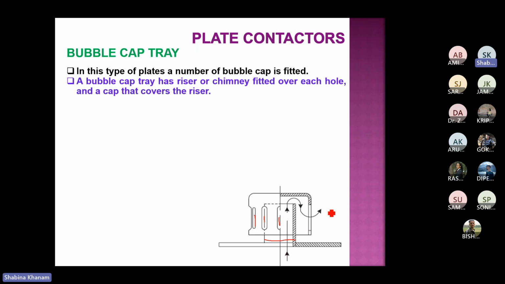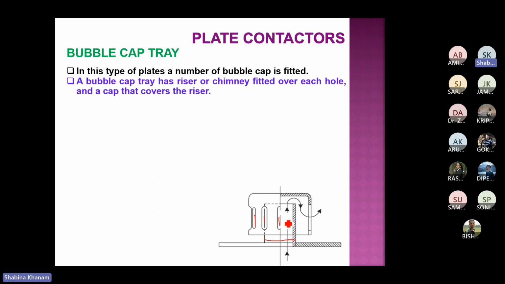The whole flow is not occurring as vapor, but that vapor passes through these holes and then converts into small bubbles, and therefore it is called a bubble cap. This is the cap, or the cover, where holes are available.